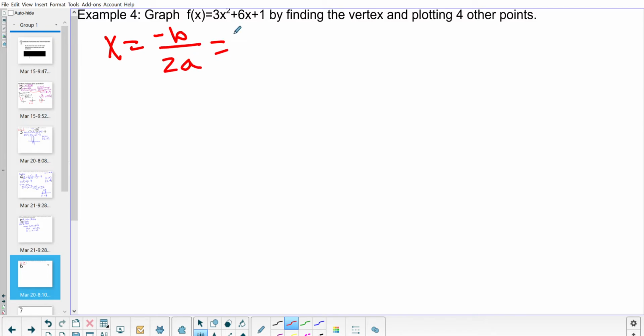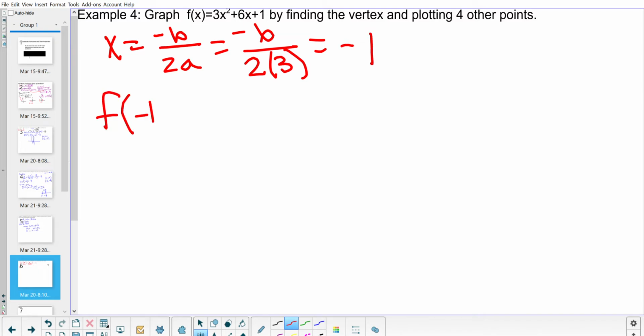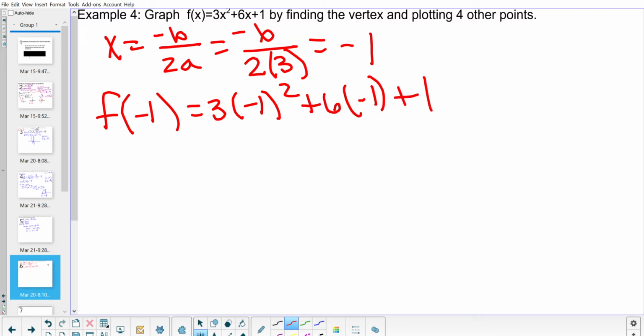So in this case, it's negative 6 over 2 times 3, which would be negative 1. So then you have to plug in negative 1. So that is literally 3 times negative 1 squared plus 6 times negative 1 plus 1, which gives you negative 2.